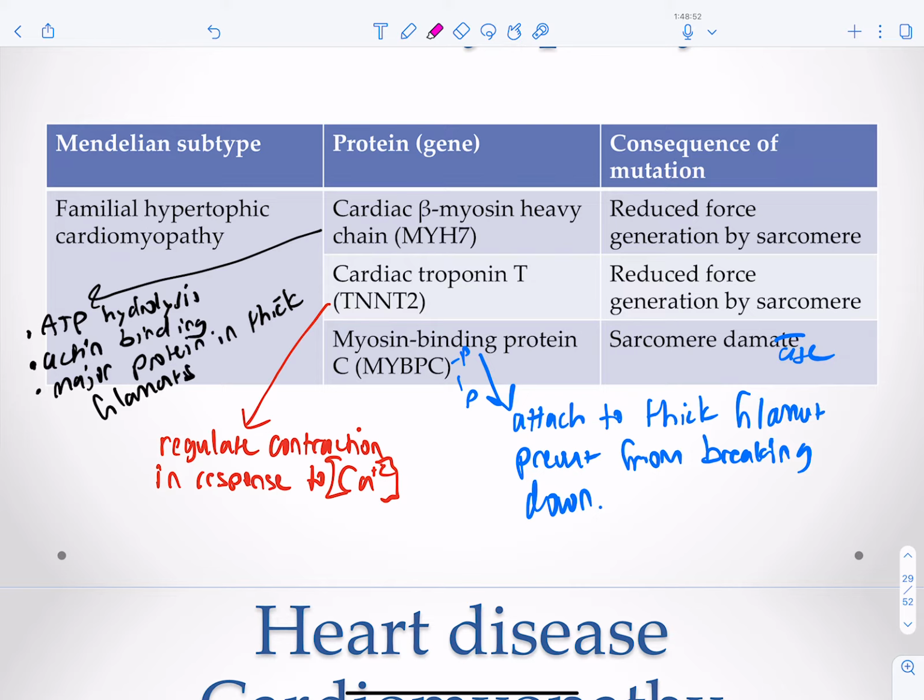And so if the thick filaments break down, if the myosin binding protein C is not able to protect them, you'll have more of the thick filament breaking down, which means you have to make more. And your sarcomere can become damaged. Your myosin binding protein C is also going to regulate how fast the muscles contract, and the mechanism for that particular function is not completely known.